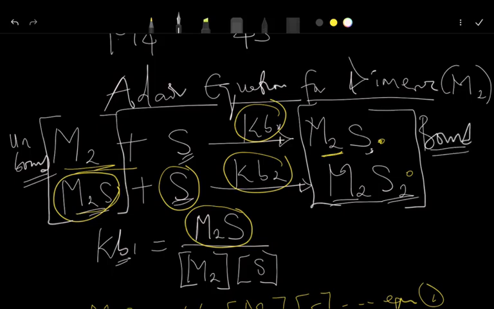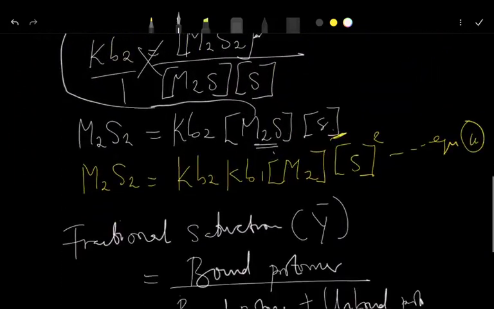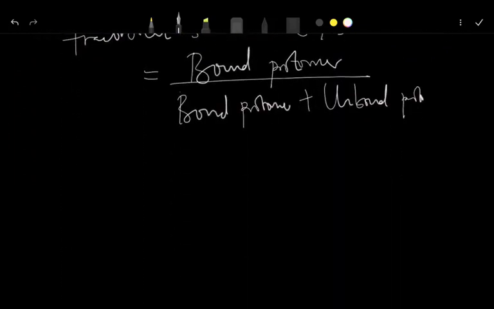Are you there with me? Now if you understand that this part here is your unbound, and this one is your bound, then let's go down. So meaning my unbound is what? M2 plus M2S.